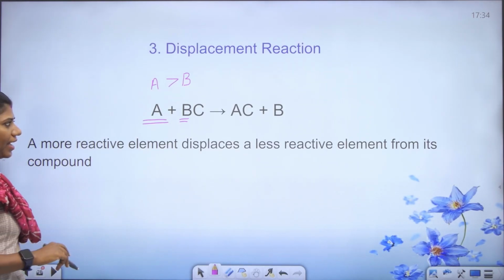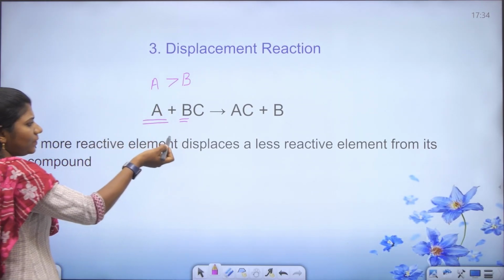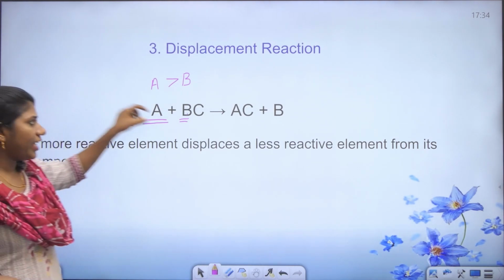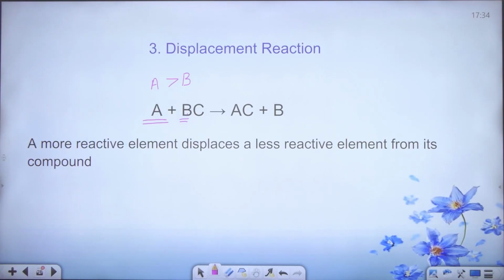A is more reactive than B, so A displaces B and forms AC and B. Is it clear? This type of reaction is called displacement reaction.